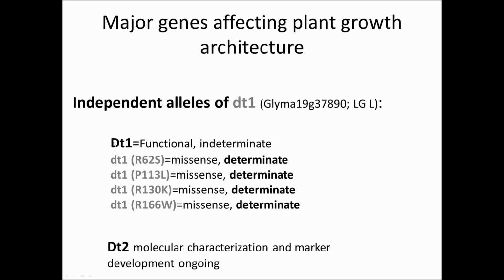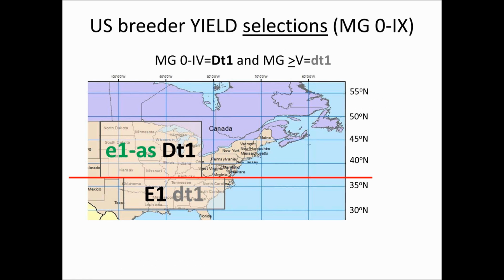So capital DT1 represents the functional indeterminate allele specifying continued growth after flowering, while the 4 lowercase DT1s are all different missense alleles that condition determinate growth habit. The DT2 gene has recently been cloned and characterized at the molecular level, but the marker development is ongoing for that gene due to its very recent discovery.